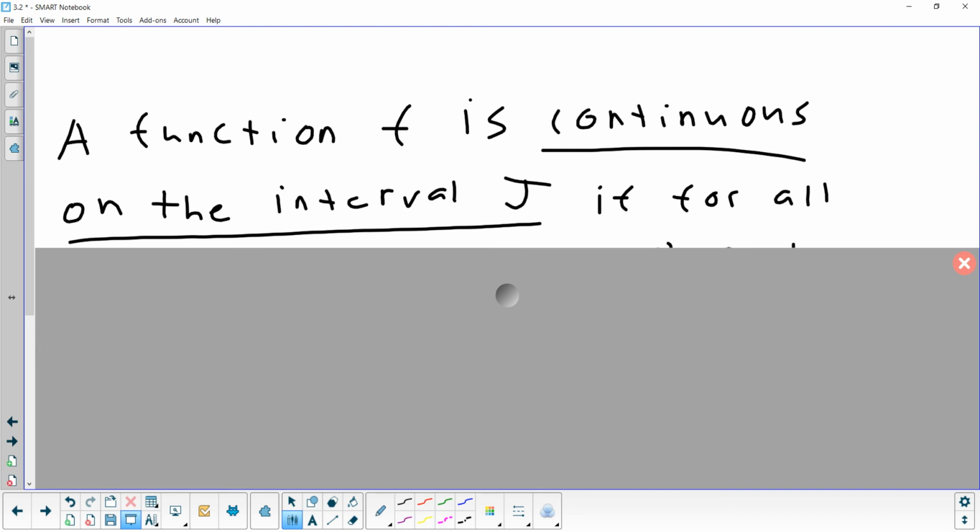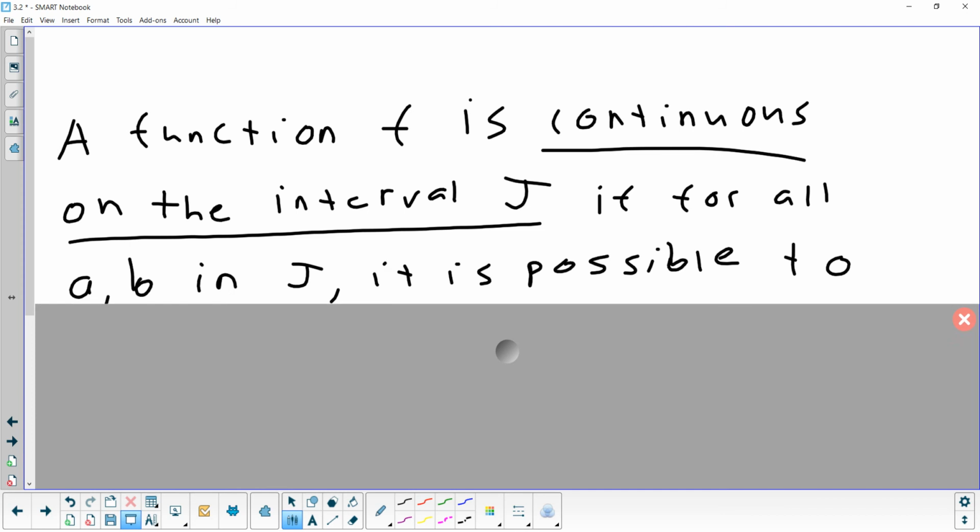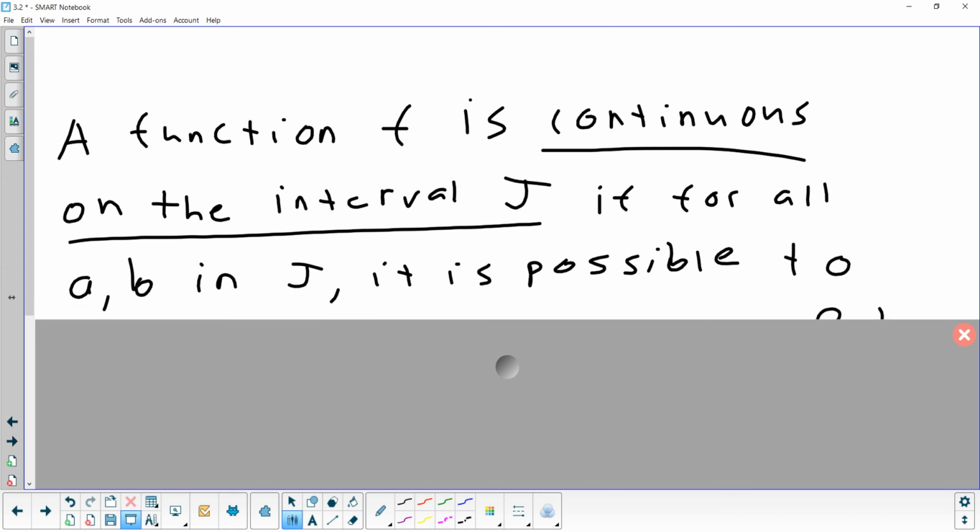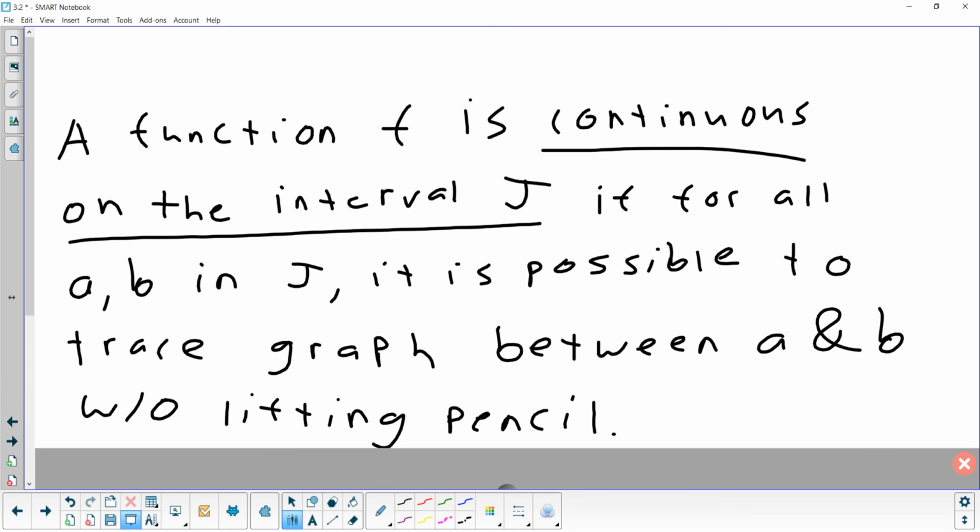And sometimes we can find maybe a small section that's continuous. If we can't draw the whole thing without lifting our pencil, maybe we can draw a small part of it without lifting our pencil over a certain interval. So we say that a function is continuous over a specific interval, meaning from a start to an end, if basically when you're drawing from the starting point to the ending point, you would never have to lift your pencil between those two points.